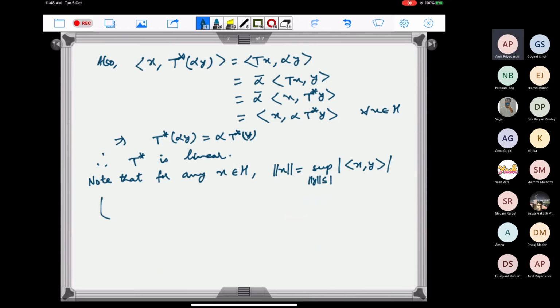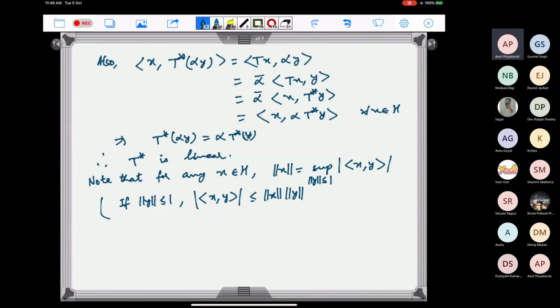So why is this true? Let's prove this. So first of all, if norm y is less than equal to 1, then mod of inner product of xy is less than equal to norm x times norm y.